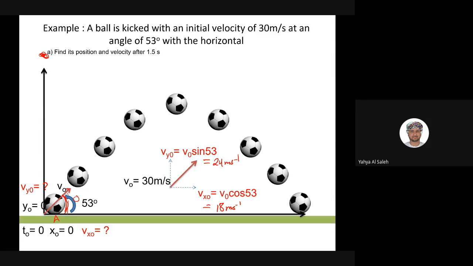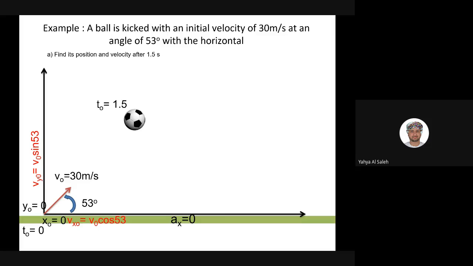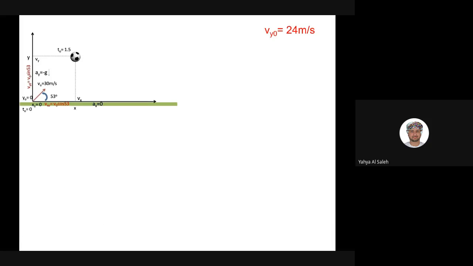Question A. Find its position and velocity after 1.5 seconds. So we need, at t equals 1.5 seconds, what is Vx? What is Vy? What is distance? It's not as difficult as it looks.